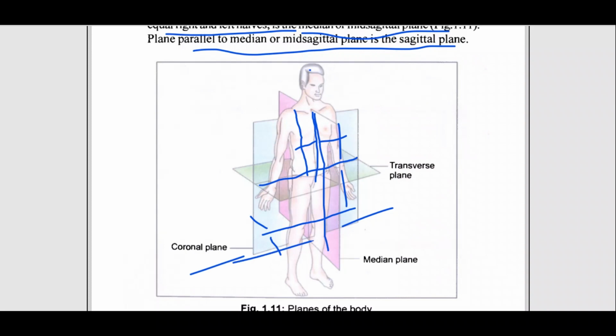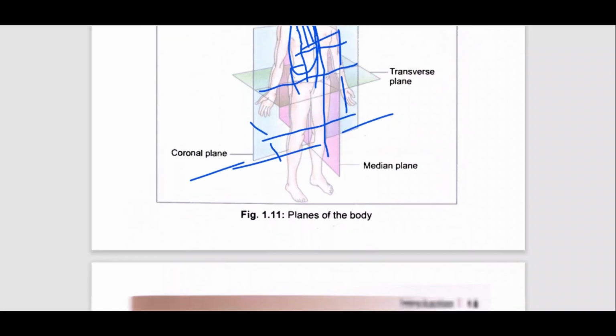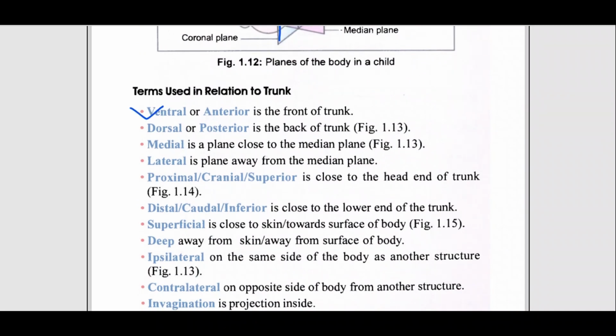However, the median plane divides the body equally into right and left halves. और ये तीनों planes एक दूसरे के साथ 90 डिग्री के एंगल पर हैं, but only one plane, the sagittal plane, is parallel to the median plane. Sagittal plane is parallel to median plane, and this may also come in your MCQs.